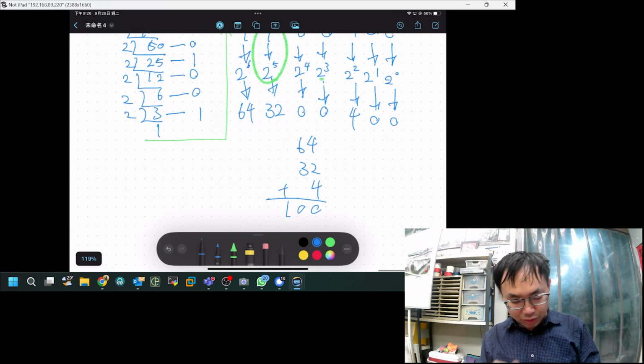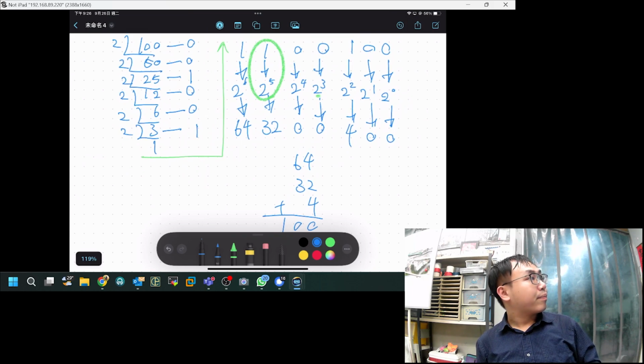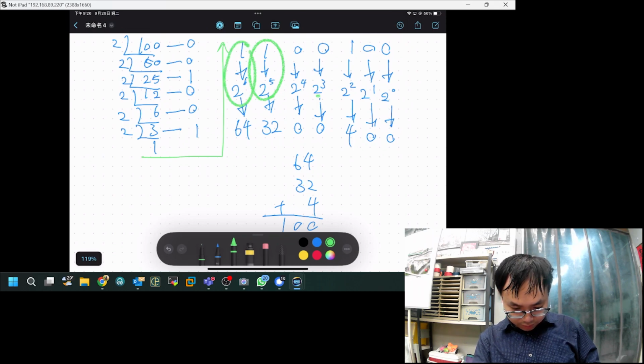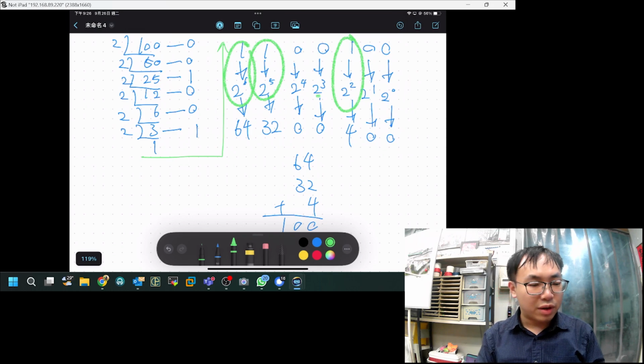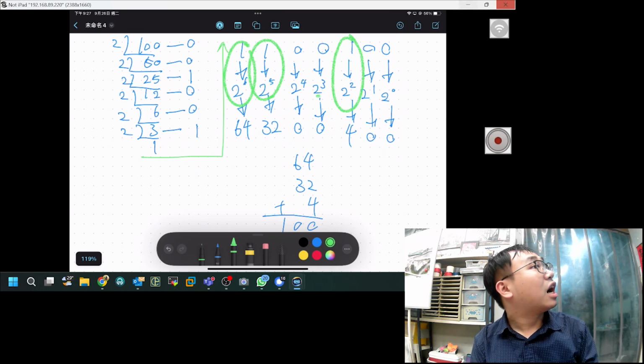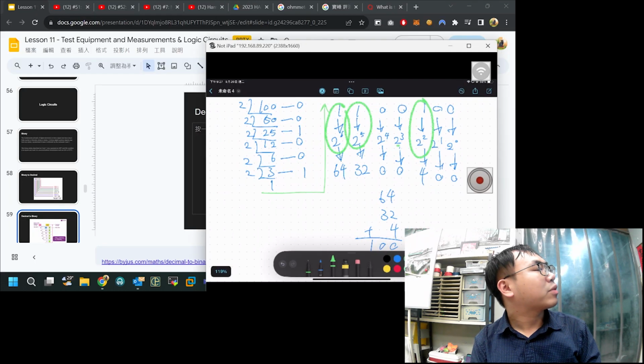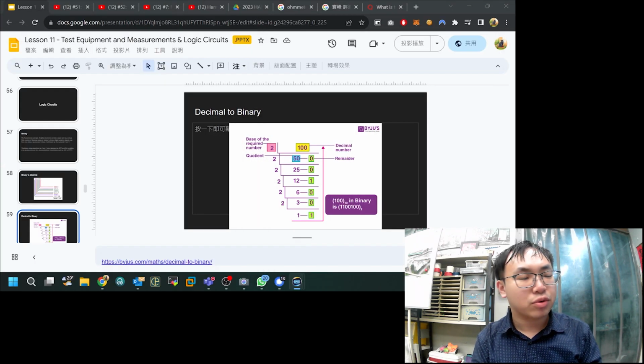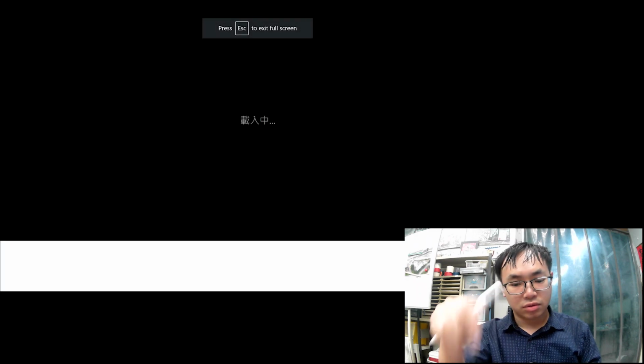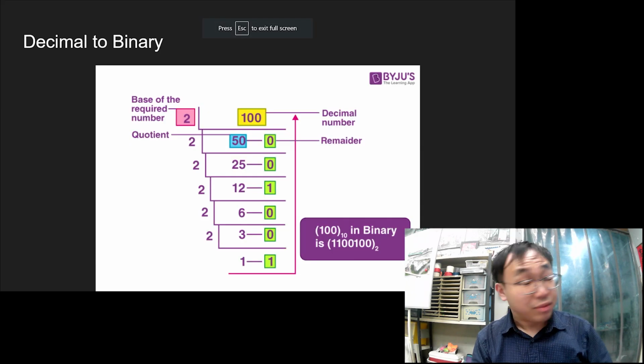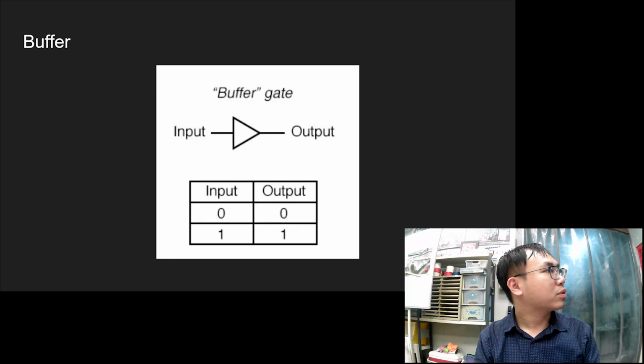Okay, so this is how you do the calculation. Yeah, easy, right? But at the time when I do the exam, I just use a calculator and get the result immediately. I don't do any of this.